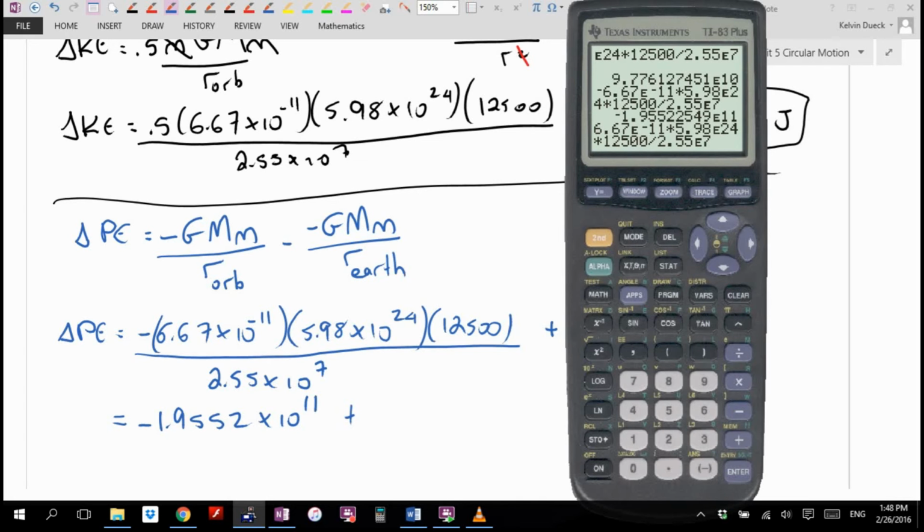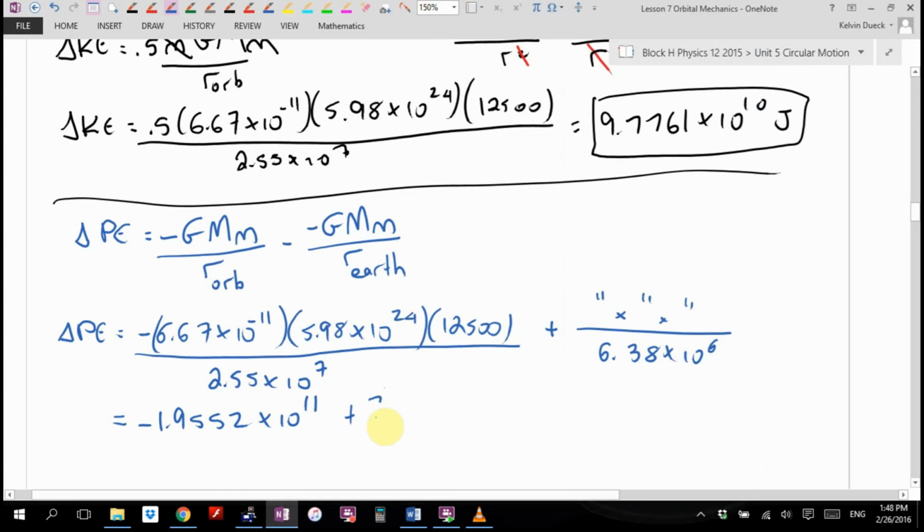And I think I just change R to 6.38 times 10 to the 6th. That was way less typing. And I get positive 7.8148 times 10 to the, forgot to look, 11th.